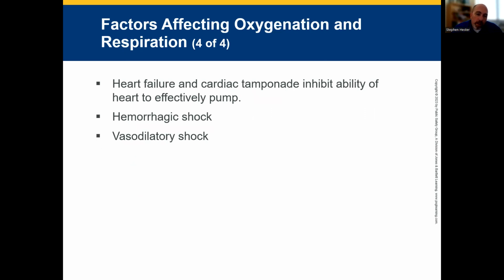Heart failure and cardiac tamponade inhibit the ability of the heart to effectively pump. And then you have hemorrhagic shock and vasodilatory shock. So we need to treat these patients aggressively so that we can prevent further interruptions of tissue perfusion.